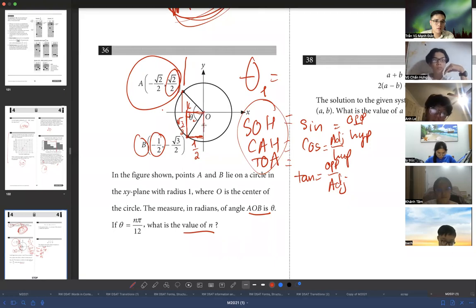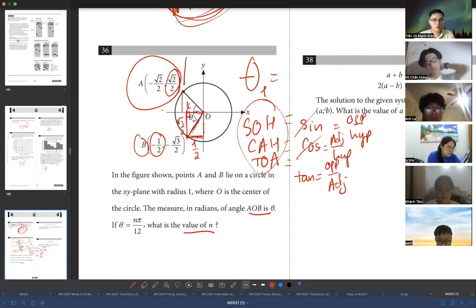Look, it forms a rectangle, don't you see? So this has the same measurement as this. Okay, right? OK is 1/2. And we have the opposite and the adjacent. What should we use? We don't have the hypotenuse yet, so we can't really use sine and cosine. So what's left? Tangent.